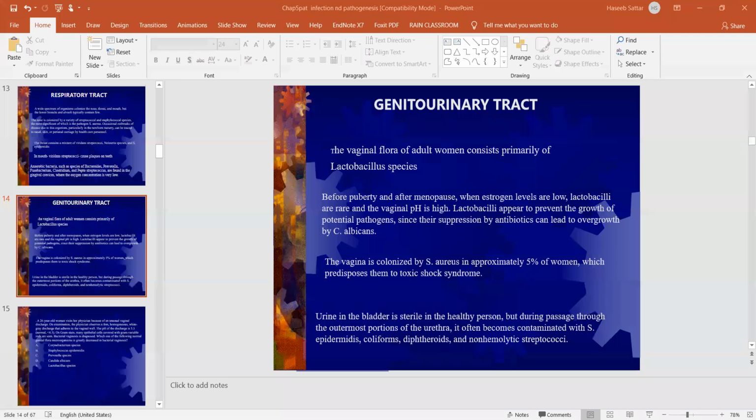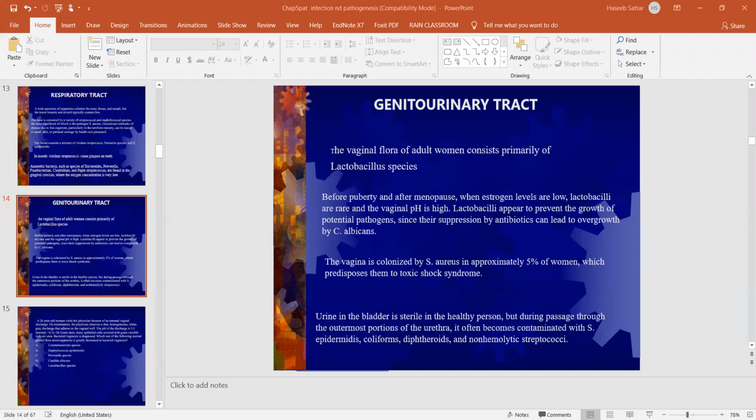Next, about the urethra. You know that in a normal healthy person, our urine is sterile. There is no bacteria, no virus, no fungus in the urine.